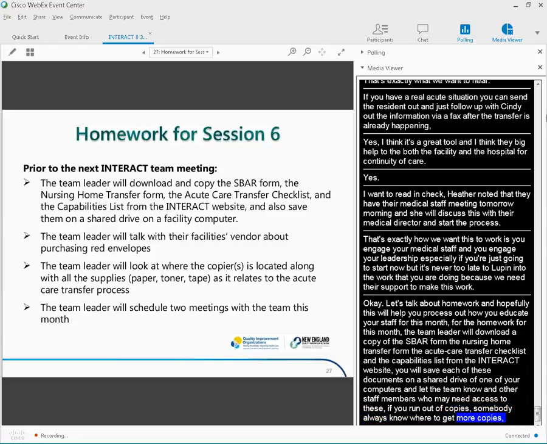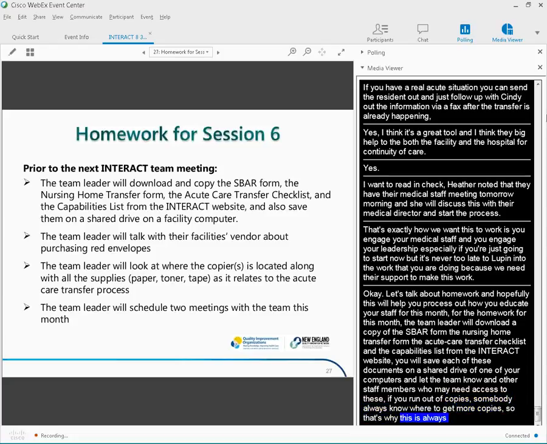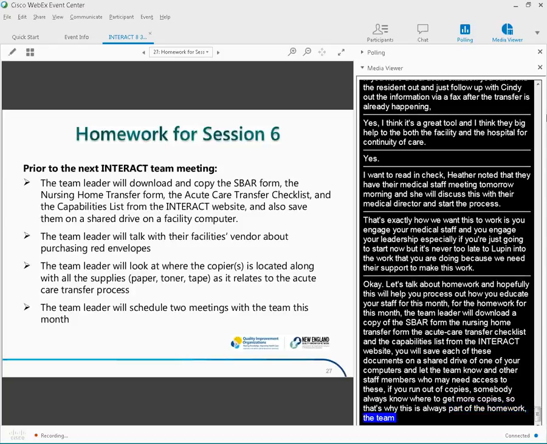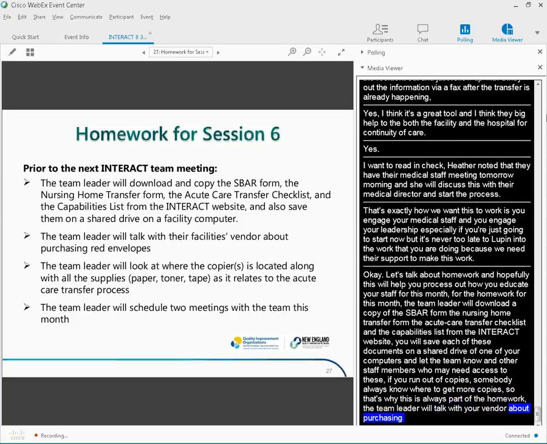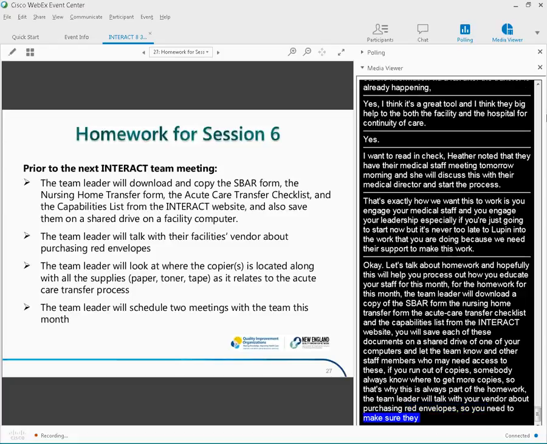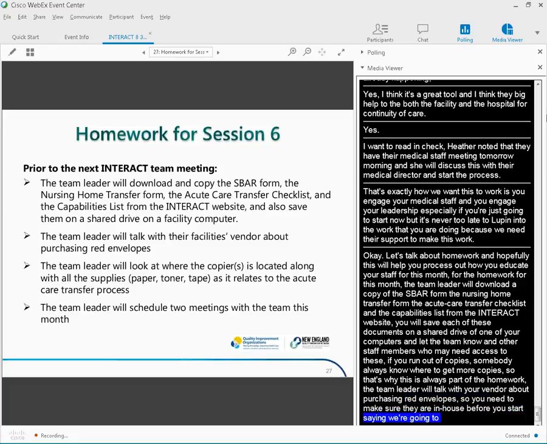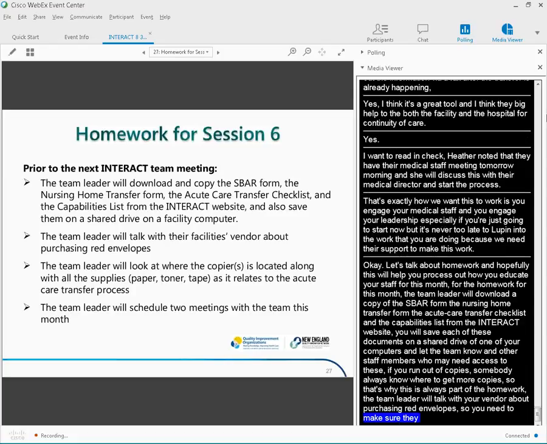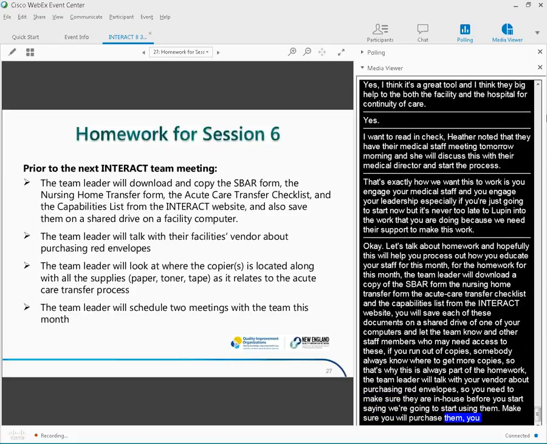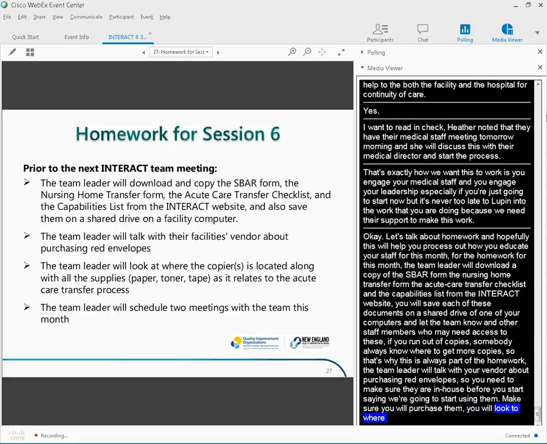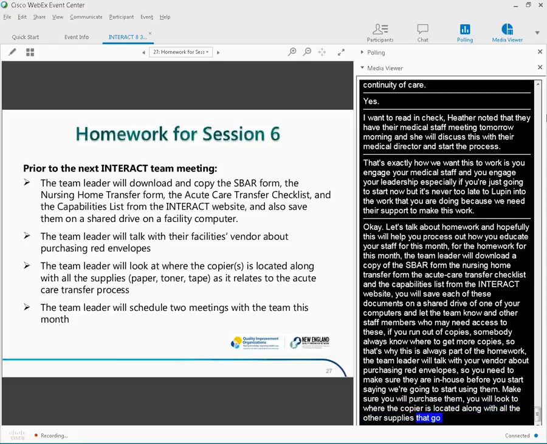The team leader is going to be talking with your facilities vendor about purchasing red envelopes. You need to make sure you have them in-house before you start saying we're going to use them. The team leader is also going to look at where your copiers are located, along with the supplies that go with them, like paper, toner, and tape, as they relate to the acute care transfer process.